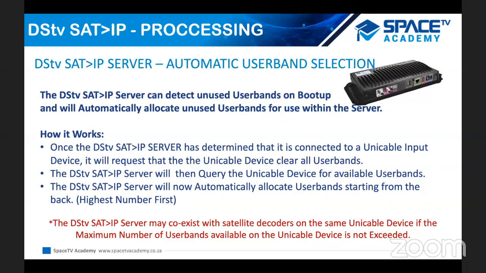Now, we said earlier that this device is only for use in commercial installations. But what could happen is at a guest house, hypothetically speaking, often the owners live on the premises or in part of the actual house, and they might have their own domestic subscription on an Explorer decoder, etc. That Explorer can still coexist on that same LMB, just using one of the other outputs.